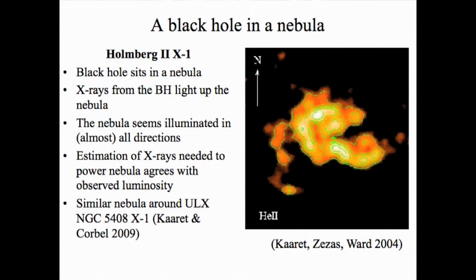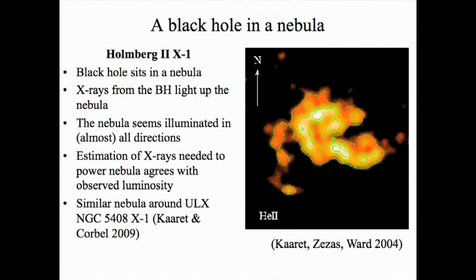Or does the nebula get lit up in all different directions? Actually, there were two Frenchmen, Manfred Pakull and his graduate student, who found a nebula in the galaxy called Holmberg II, surrounding a source called Holmberg II X-1. And a few years after we found it, Manfred actually, for some reason, doesn't like using the Hubble Space Telescope.